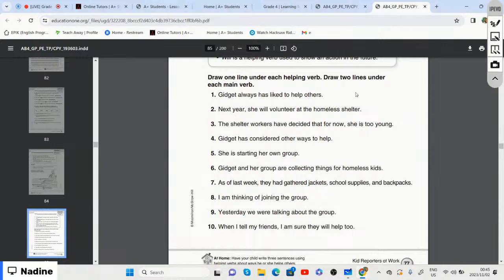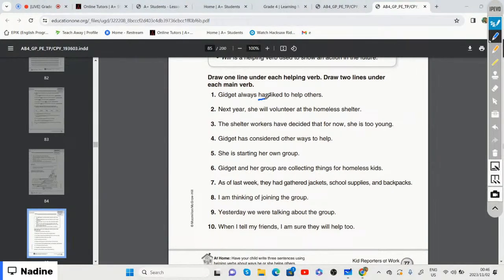What is the helping verb within the sentence? All right, so if we select our helping verb, then it will be has, right?